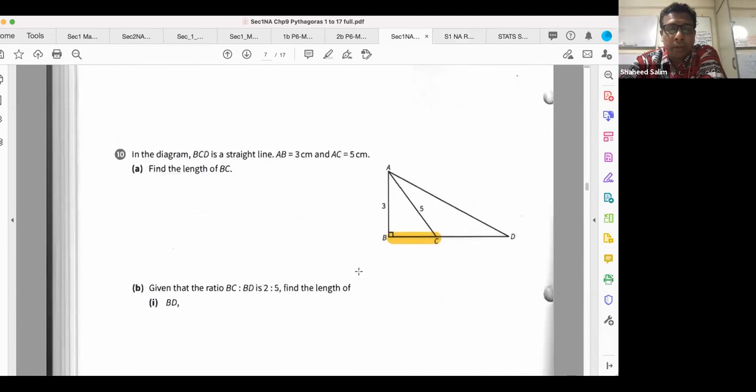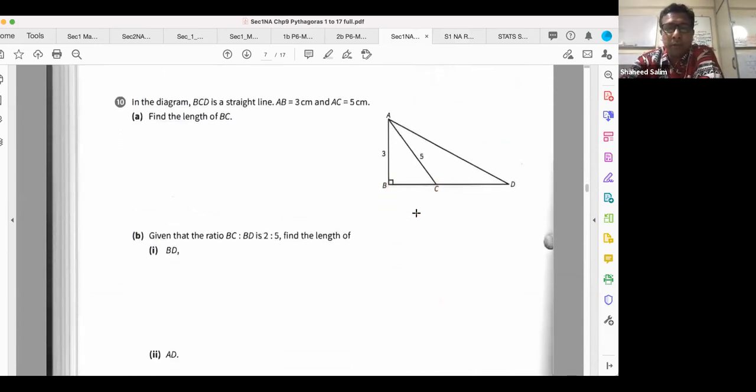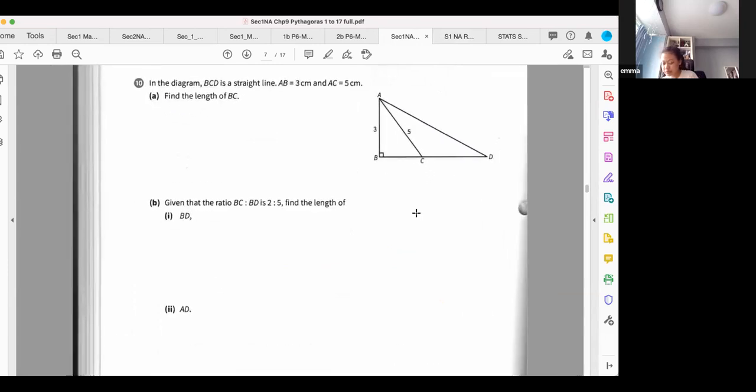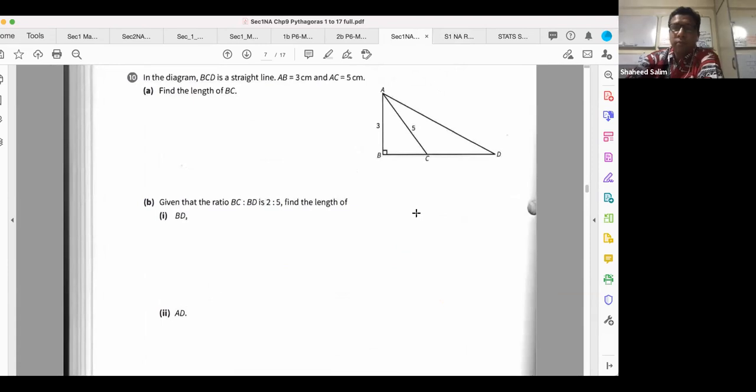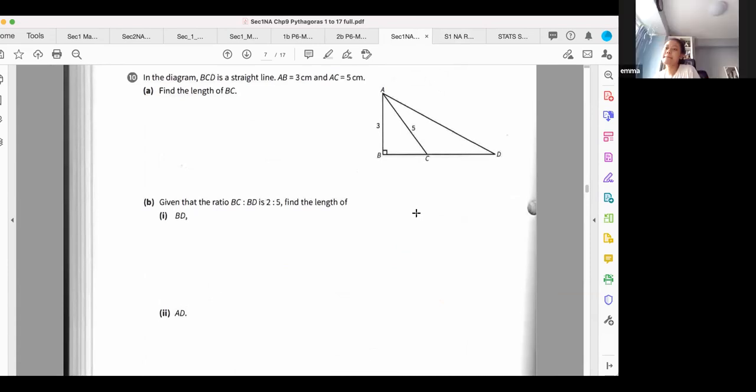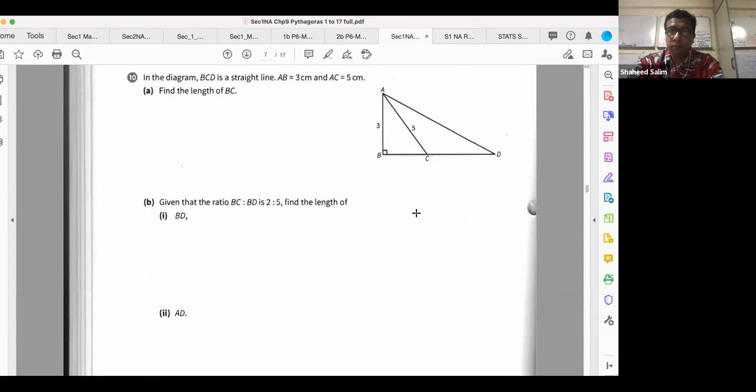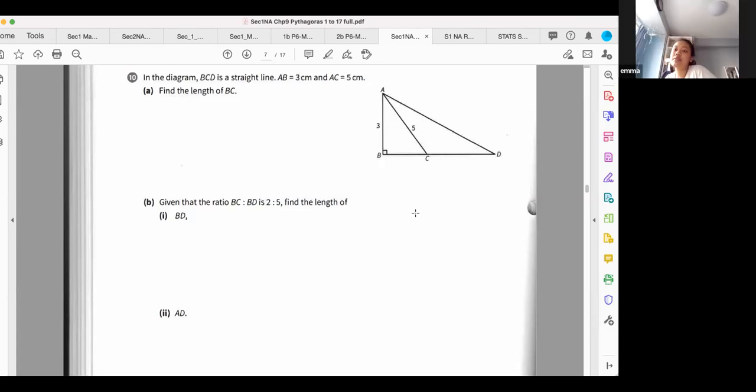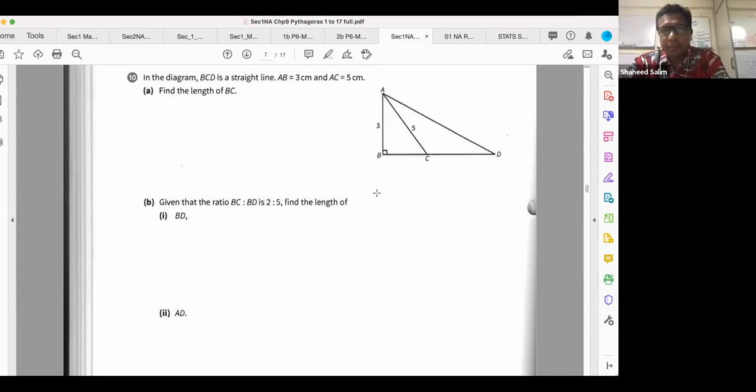Okay, we try this one. 4, okay, well done. So there's a ratio question here. Okay, can you try to get what BD is?